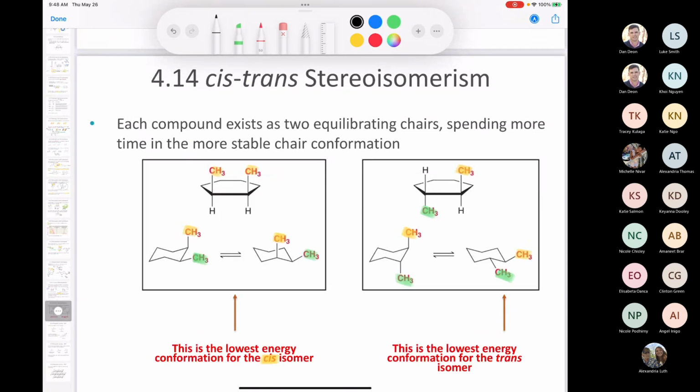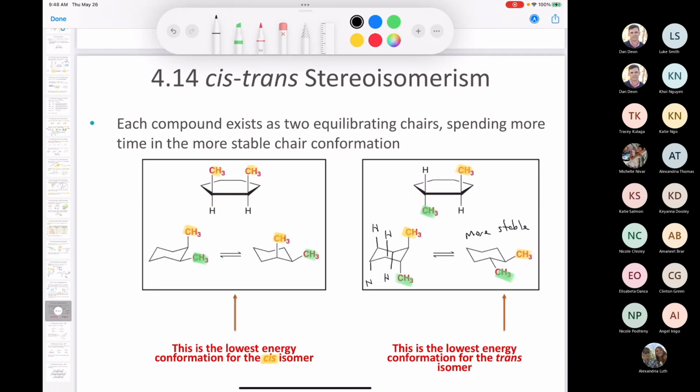And so this conformer is going to be much more stable. This is the lowest energy conformation, more stable because we don't have any of the 1,3-diaxial interactions, and we have a whole pile of them in the other one, between these axial hydrogens and the axial methyl groups.